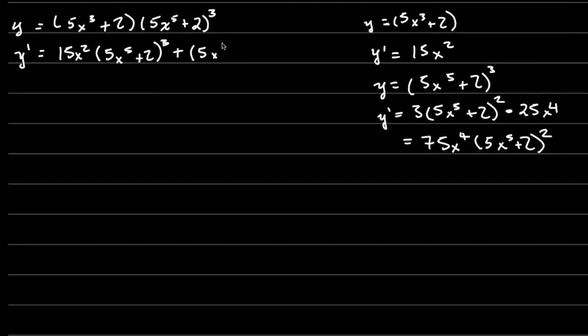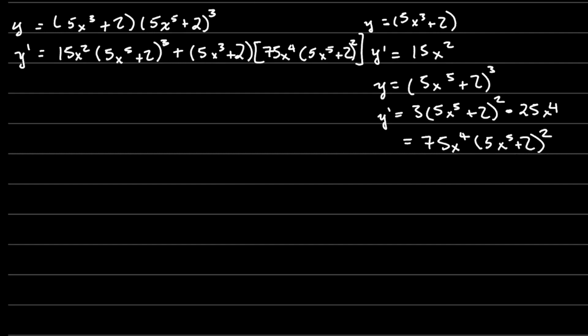So you just do x cubed plus 2, but then take the derivative of the second. So the derivative of the second is what we found was 75x to the 4th. And I did them separately so we wouldn't have so many lines of problems or whatever.